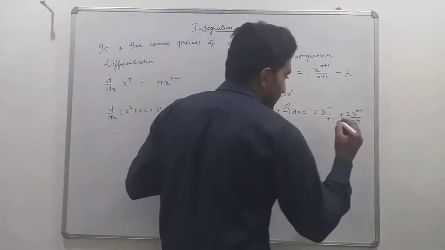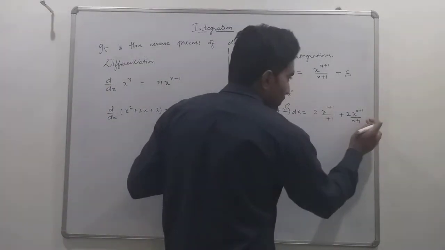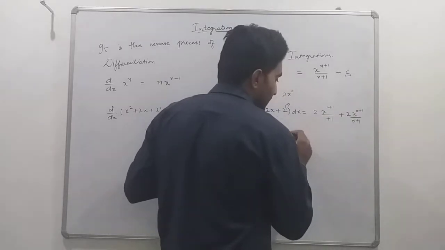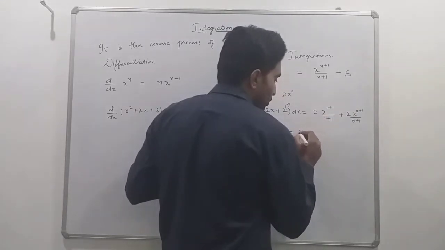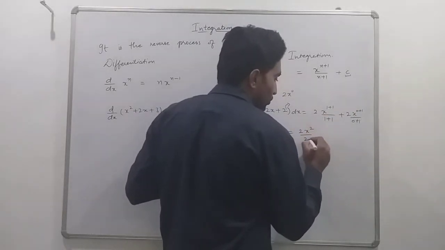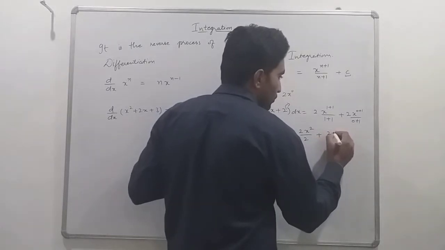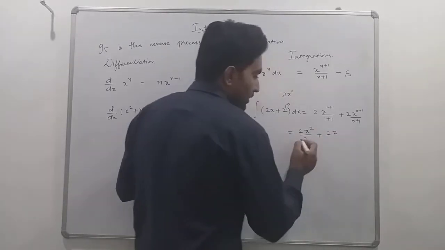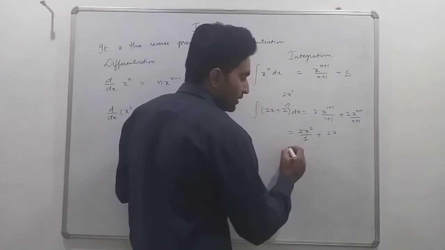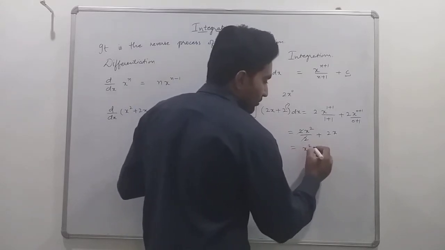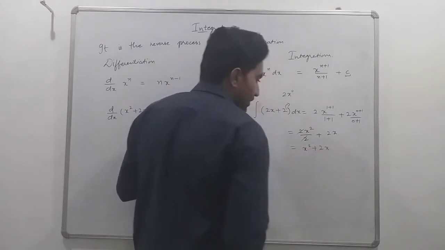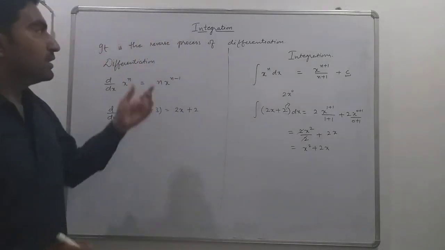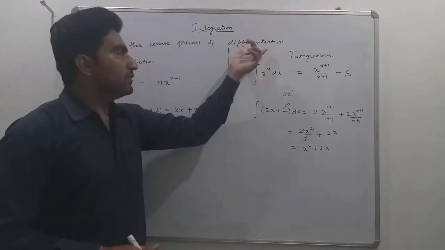And if we are not writing the constant of integration, then the result will be equal to 2x square by 2 plus 2x. Okay, 2 cancels out here and we get x square plus 2x. But according to the definition, integration is the reverse process of differentiation.